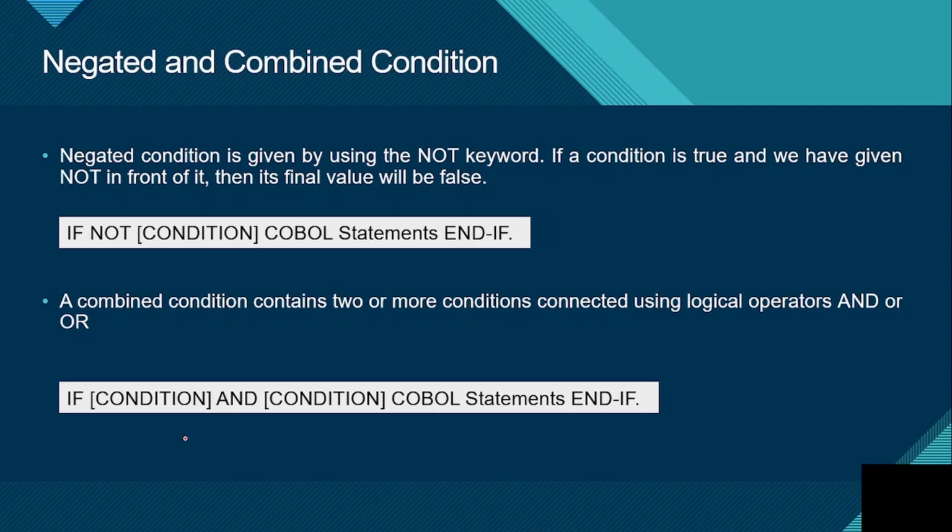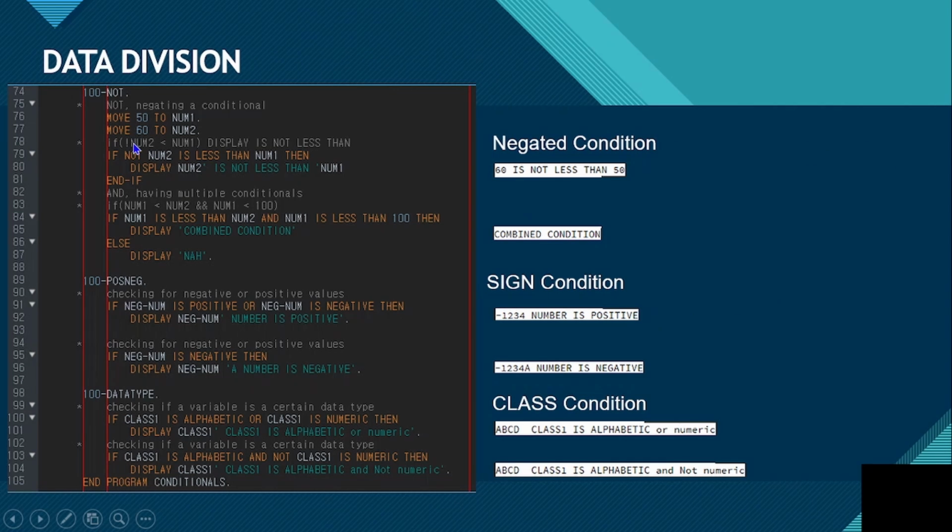Just like in other programming languages, the combined condition. So if NOT num2 is less than num1, then we display num2 is not less than num1. Meaning that when we execute this condition, if there is no NOT here, num2 is lesser than num1 would return false.